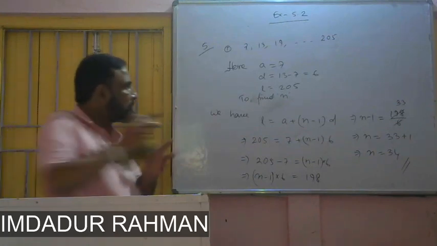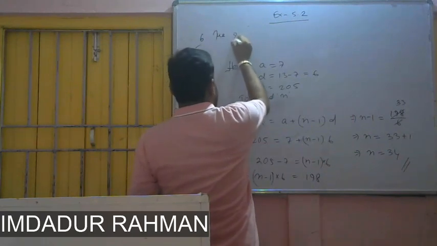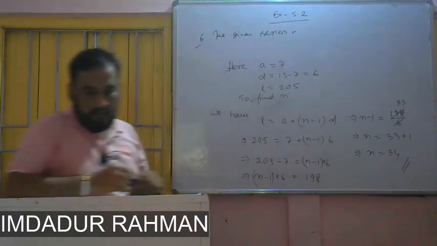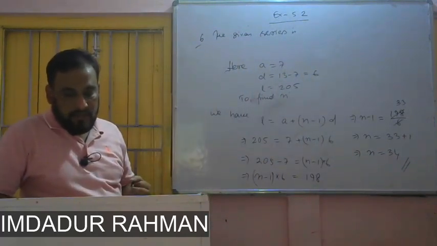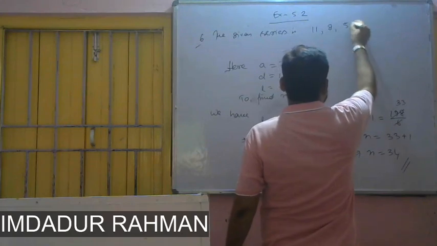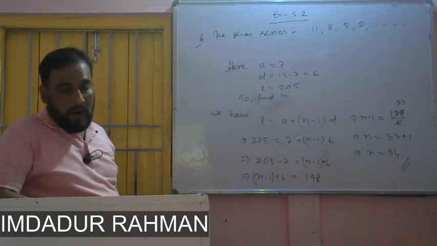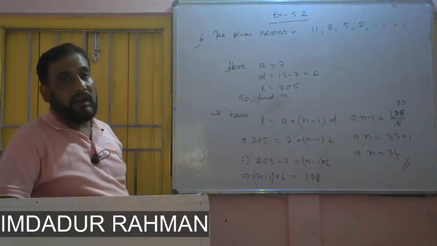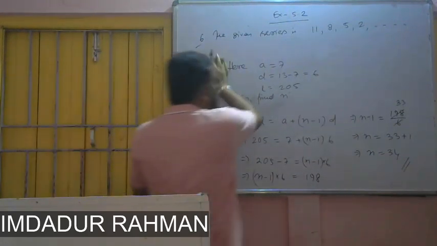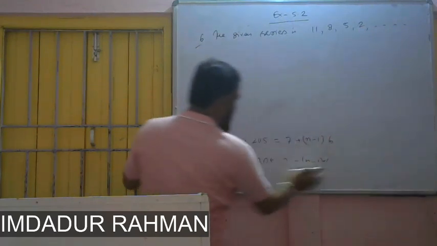The given series is 11, 8, 5, 2, and one term is there, minus 150. We have to check whether minus 150 is a term of this series or not. This is your question.